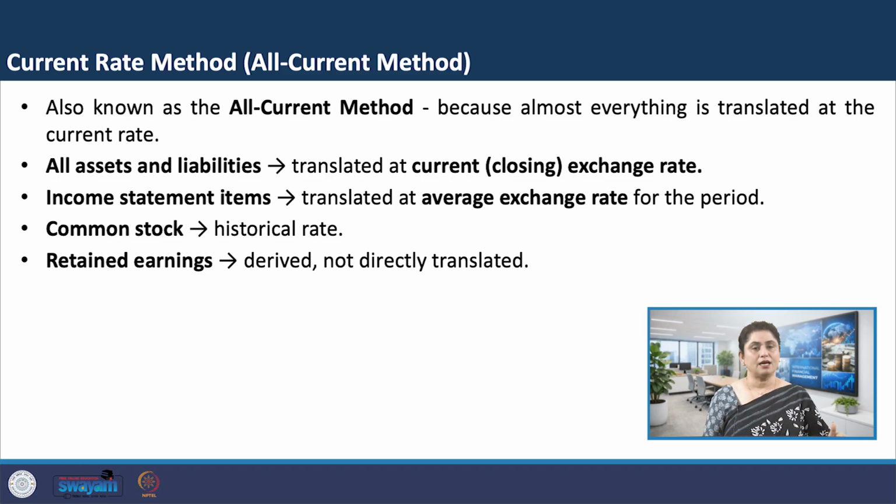All assets and all liabilities, regardless of whether they are current or non-current, are translated at the closing exchange rate. Income statement items are translated at the average rate for the period. Only equity items, that is the share capital and the retained earnings, are translated at the historical rate.